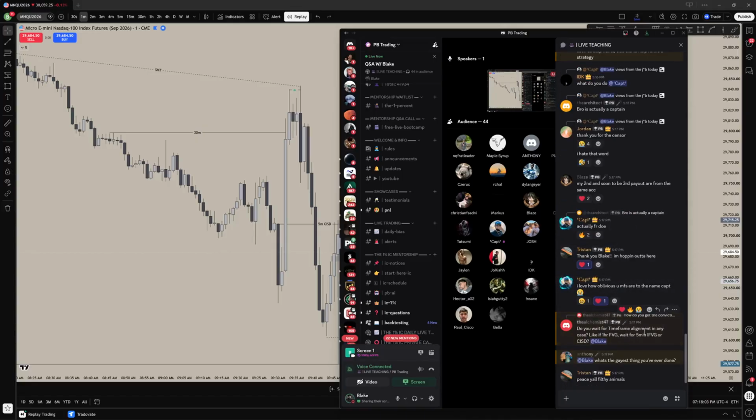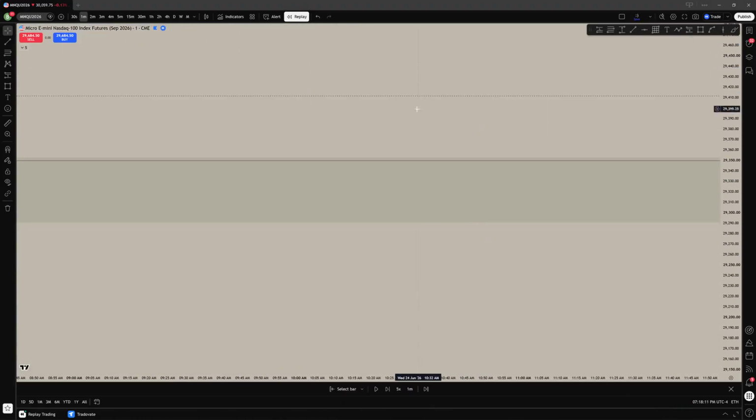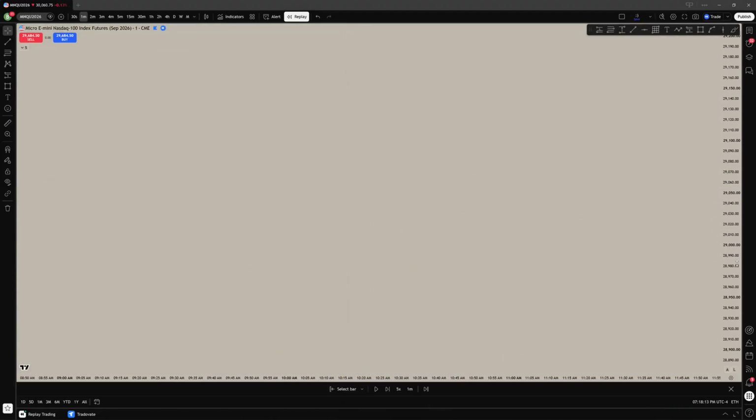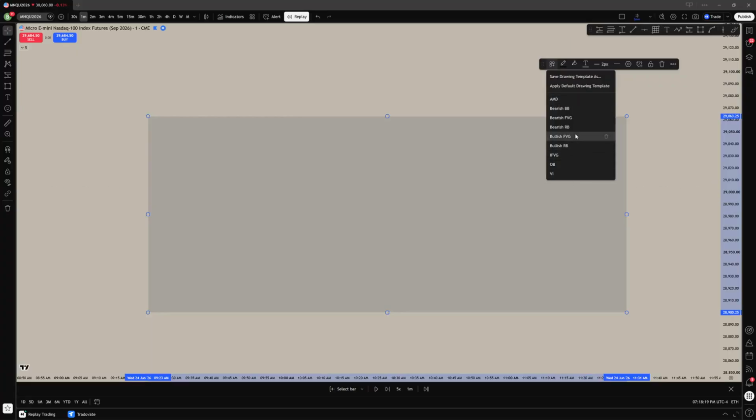Do you wait for time frame alignment in any case, like if 1 hour? No. What I mean by time frame alignment, I'm not sure if Pat explained it in his video in the WAP, is if we have a huge bullish daily fair value gap right here, I'm not going to just wait for price to tap into this daily and look for a long. I'm instead going to zoom in, because we're most likely going to have an hourly gap within that, and then within that a 15-minute gap.